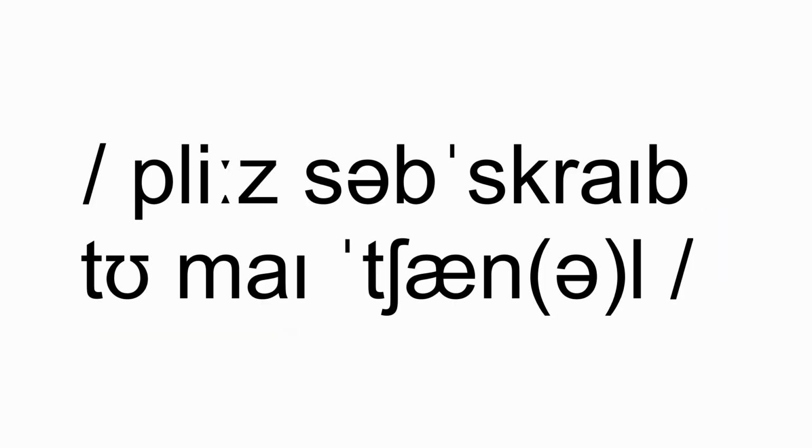Do you recognize the phrase that we had at the beginning of the video? Have a look at it again. Here it is. Can you read it now using the phonetic transcriptions to help you?